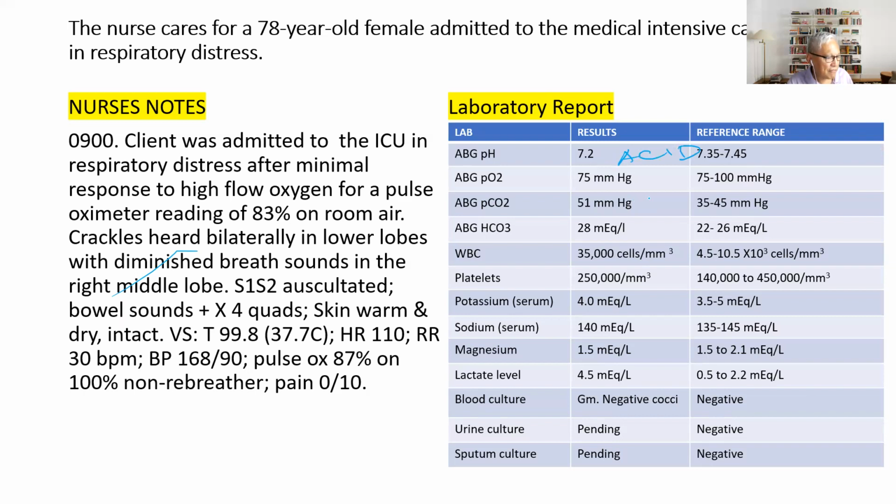And 51 is acidosis, and 28 is alkalosis. So we have a respiratory acidosis with partial compensation.